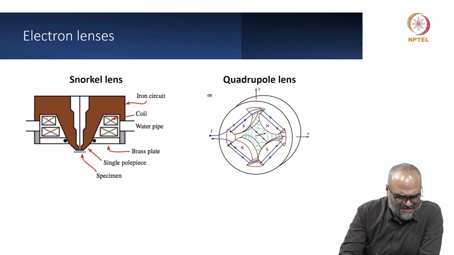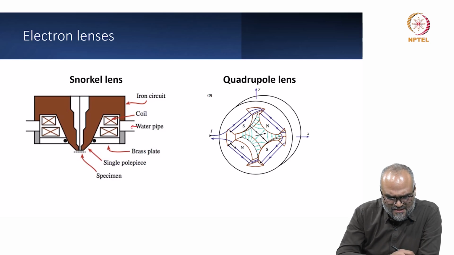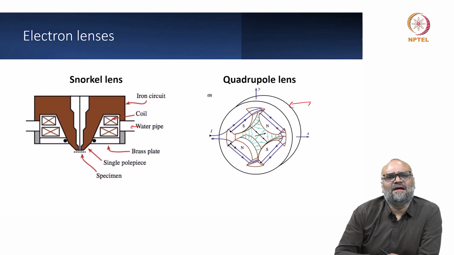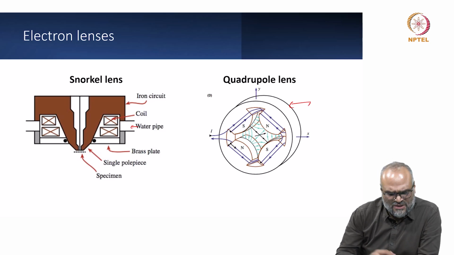Of course, the coils to apply the magnetic field, and you also have the water supply here to keep the temperature of the lens uniform at one temperature. You also have the deflection coils, which look like the quadrupole lens here, and you also have dipoles as well when you want to cause a beam tilt.